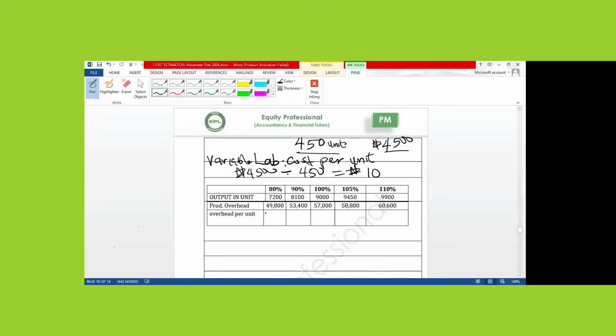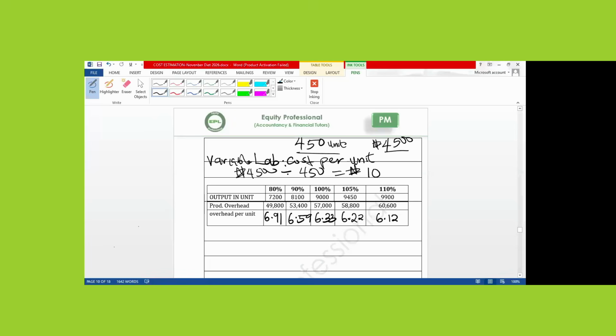Give your answer in 2 decimal places. 6.91, 6.59, 6.33, 6.13, 6.12, then 6.1.